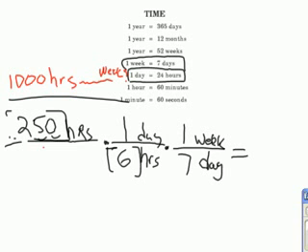All right, I can go even more. I know 2 can go into 6 3 times. And I know 2 can go into 250 125 times. You just chop it down by 2 every single time.